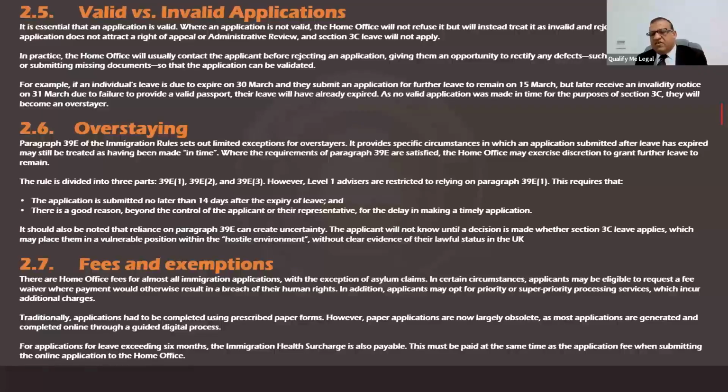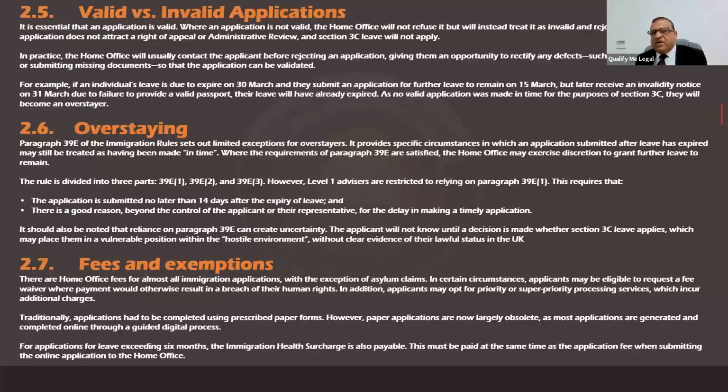However, we need to satisfy the Home Office why we can't pay, and in most cases we apply for a fee waiver within the UK. We normally inform the Home Office that, because of the involvement of human rights, this individual cannot afford it, and if he or she pays the Home Office fee, there is a high chance they will become destitute, and there is an issue about the affordability test.